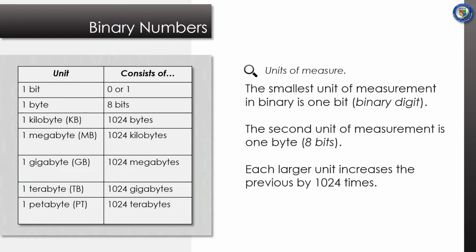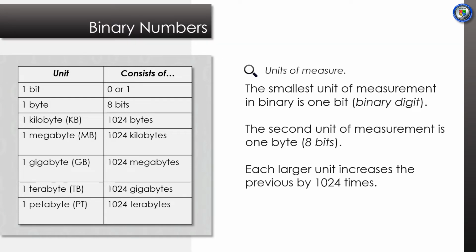Let's have a look at some units of measurement. As mentioned in our definition, the smallest unit of measurement in binary is 1 bit, a binary digit, a 0 or a 1. 1 byte of information contains 8 bits. We then move up our units of measurement 1024 times.